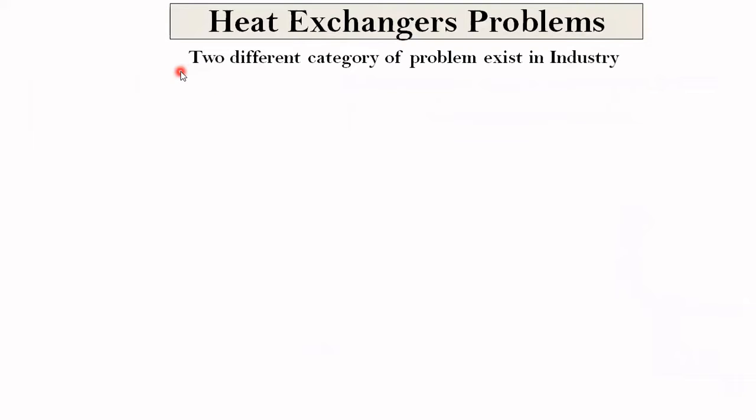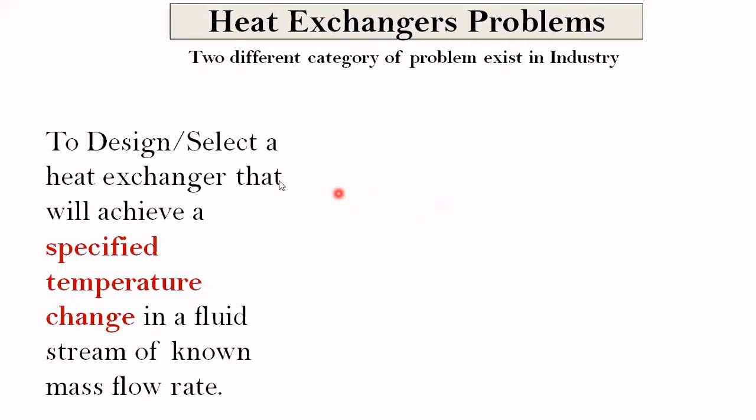In industry, there are two different categories of problems. In the first, we are asked to design or select a heat exchanger that will achieve a specified temperature change in a fluid stream of a known mass flow rate. In this case all the temperatures are known and the mass flow rates of the fluids are also given, and we have to design a heat exchanger.